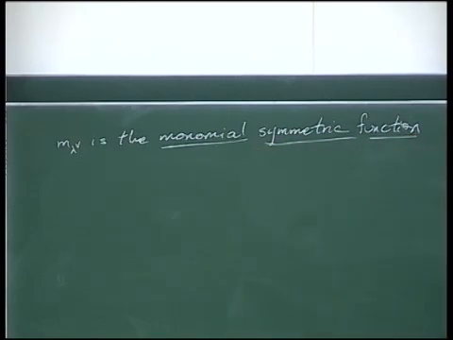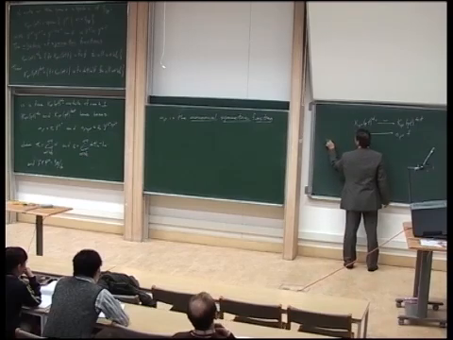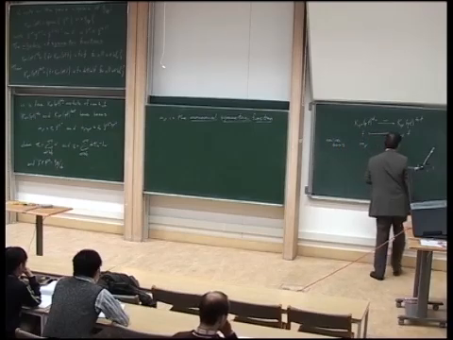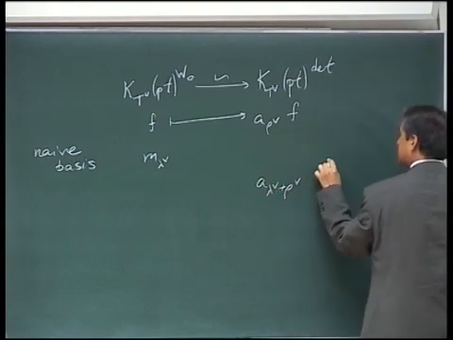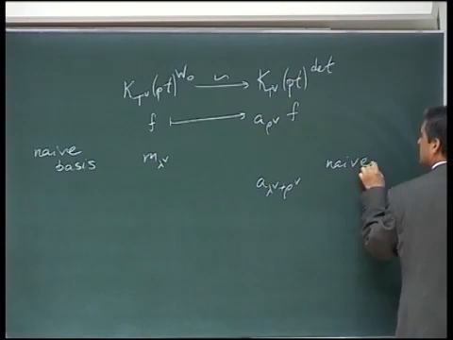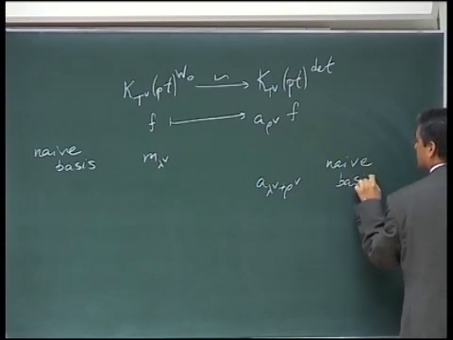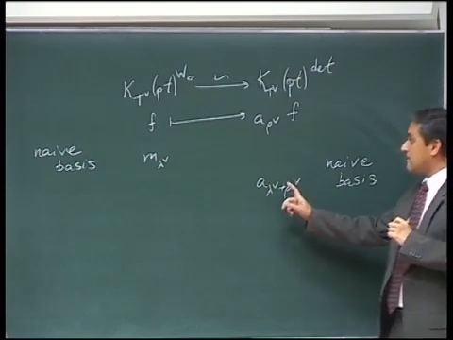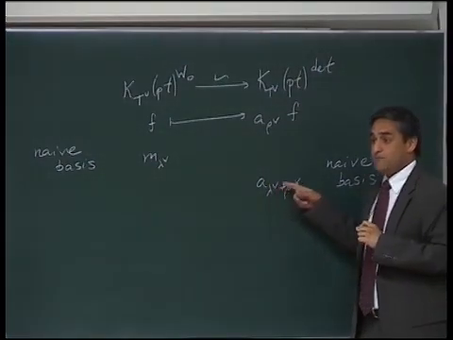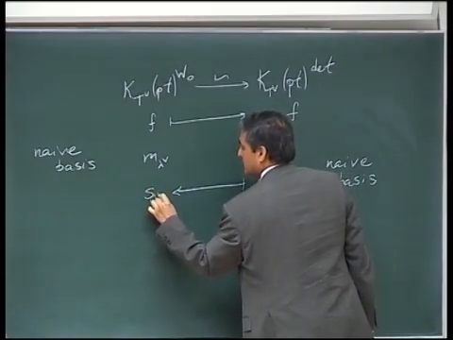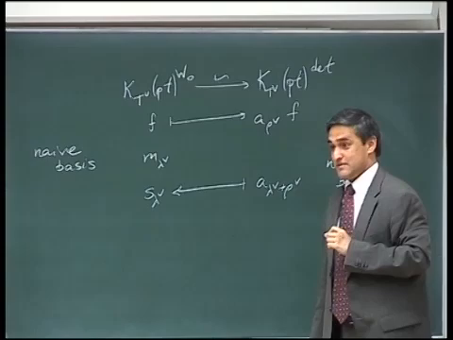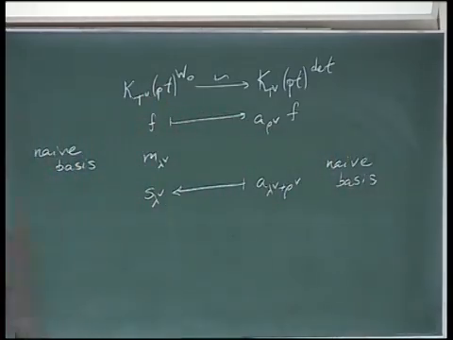And so let's call that the naive basis, because that's the one you would first write down. And over here, we have another naive basis. Okay, but if you take this naive basis and pull it back across this isomorphism, that's a non-naive basis of symmetric functions.